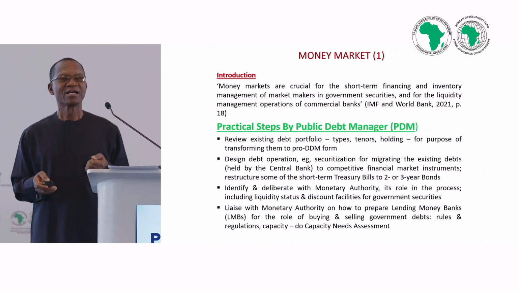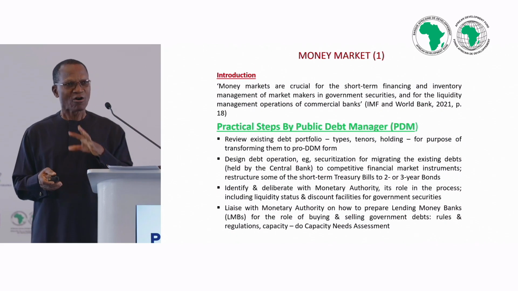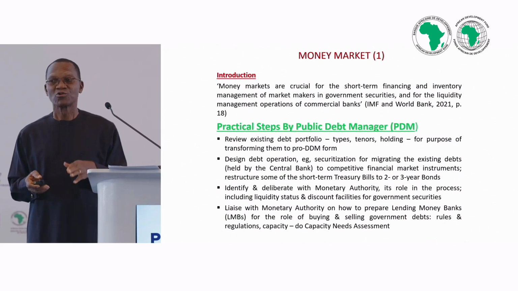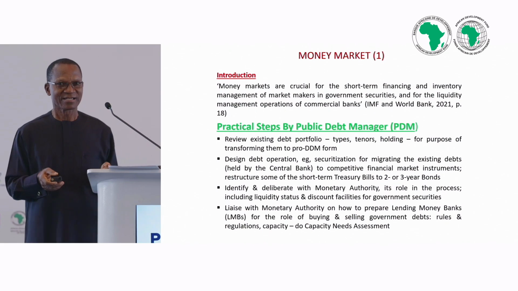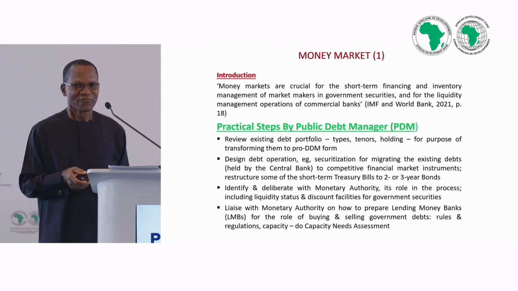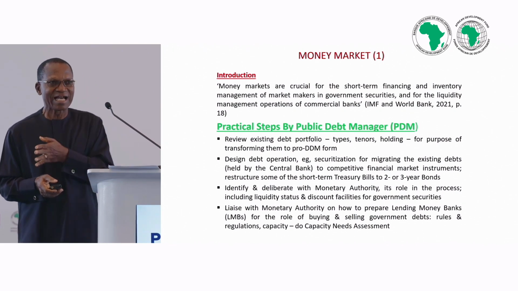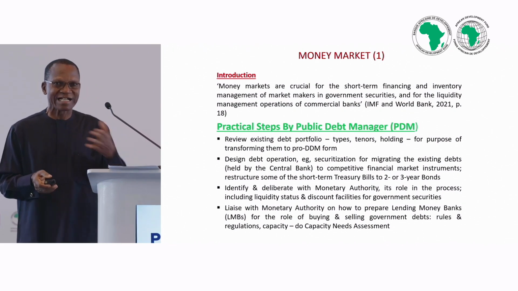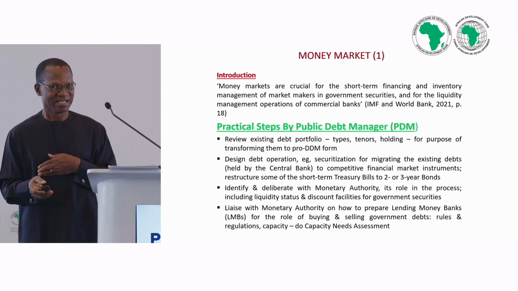So one of the things to do is to look at the portfolio and confirm that you need to do something. You need to securitize. You need to migrate the debt that existed from the central bank to other investors, the general public, including the money lending banks in particular.